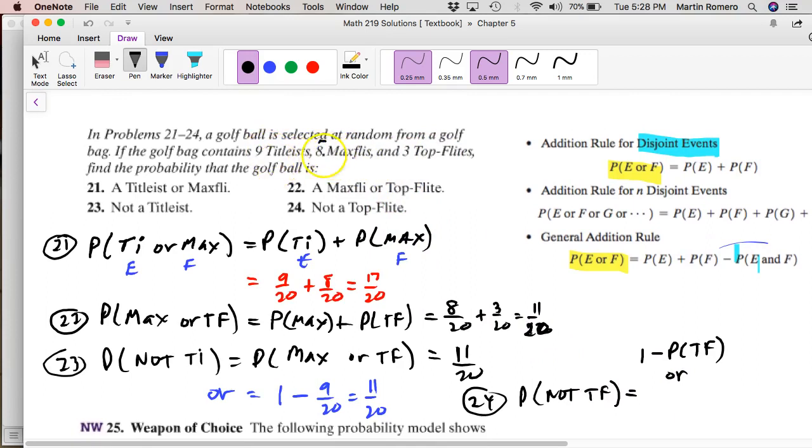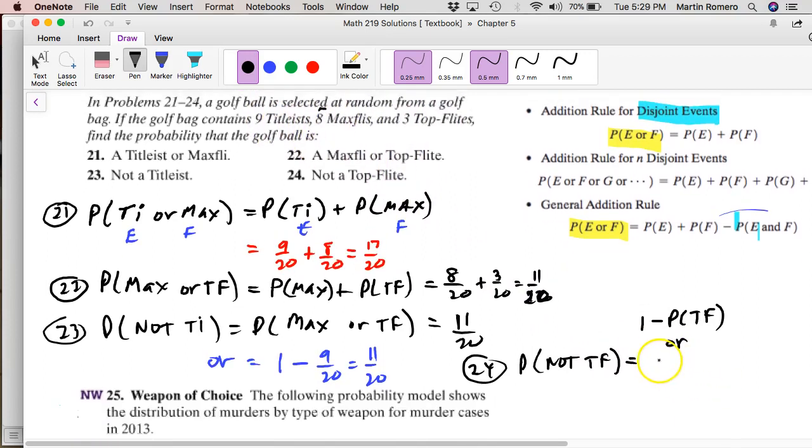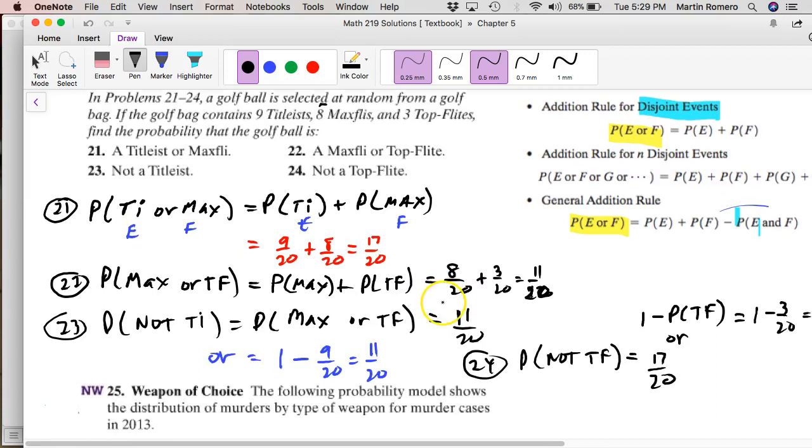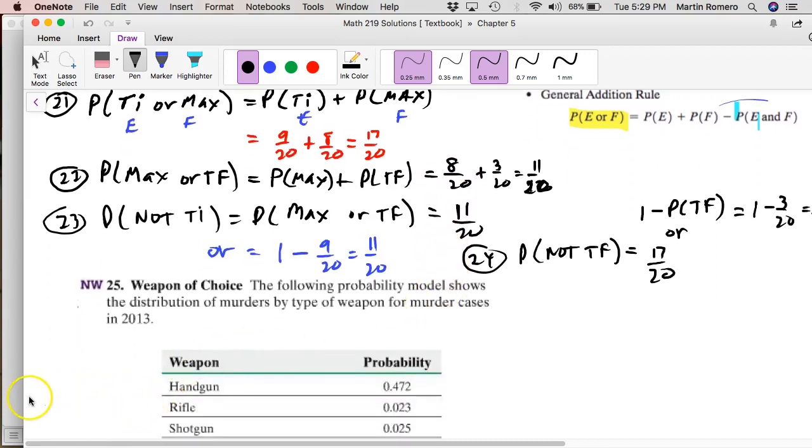There's 9 plus 8, so your answer is going to be 17 out of 20. Again, the other way we could have solved this was saying 1 minus 3 out of 20, because top flight, there's 3 of them. So you have 17 out of 20. That's problems 21 through 24.